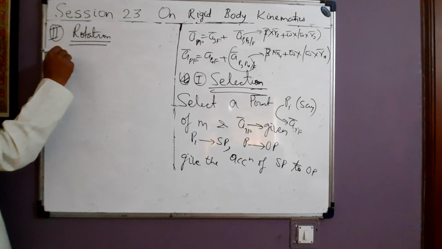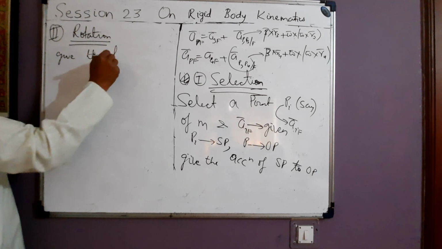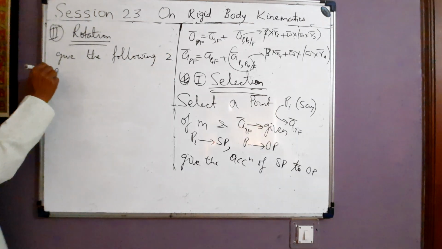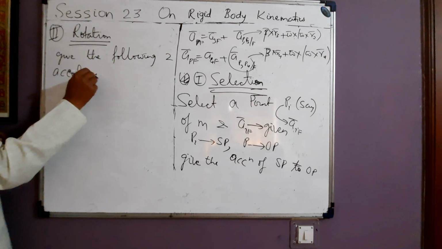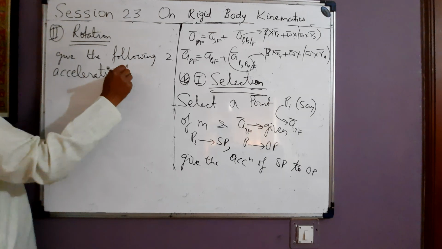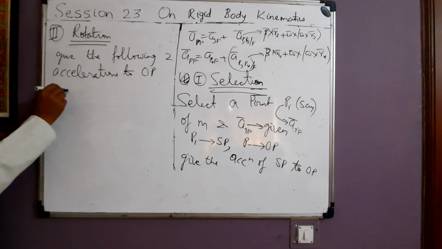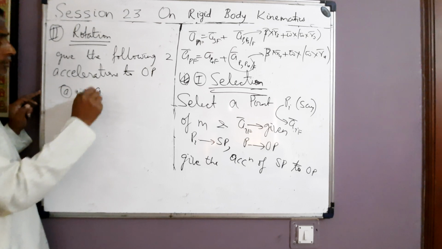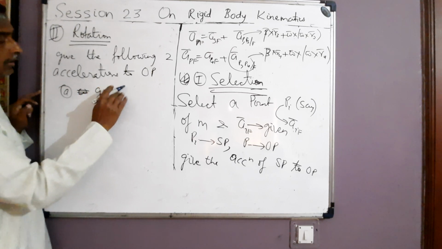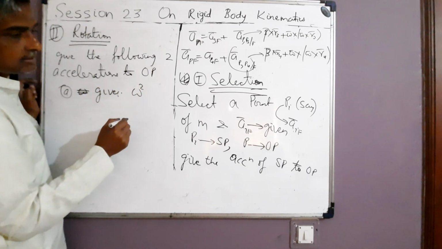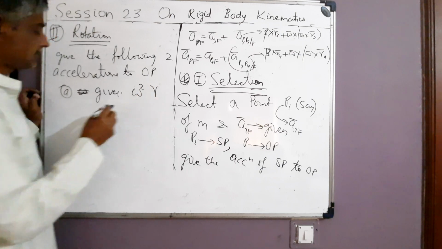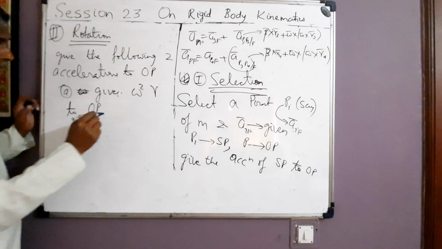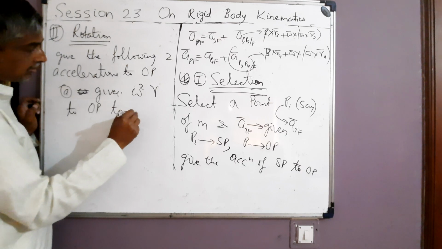Give the following two accelerations to OP. A: give omega square R to OP towards SP.